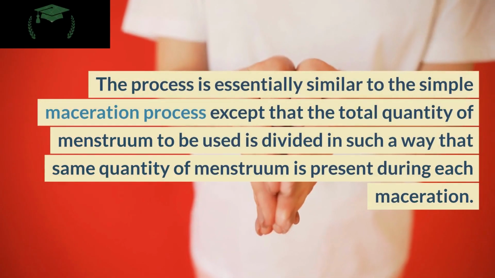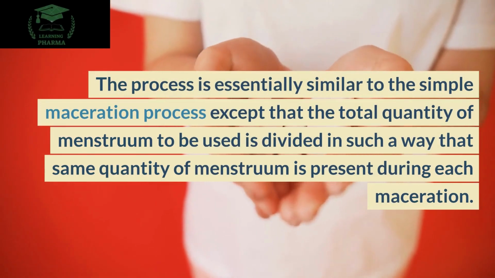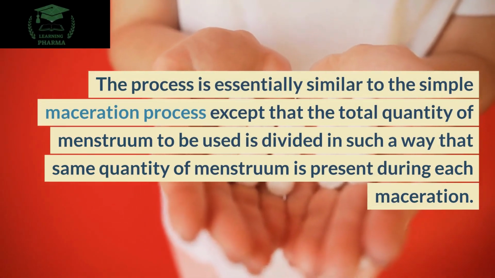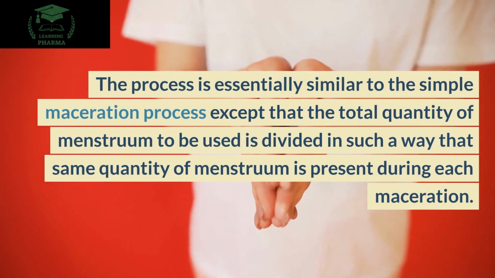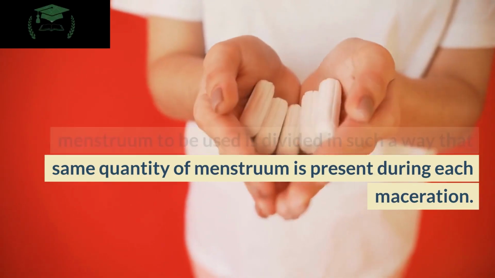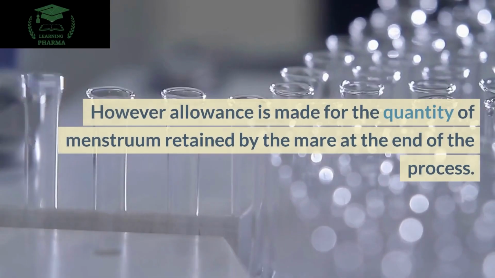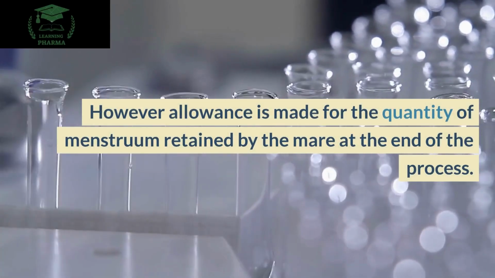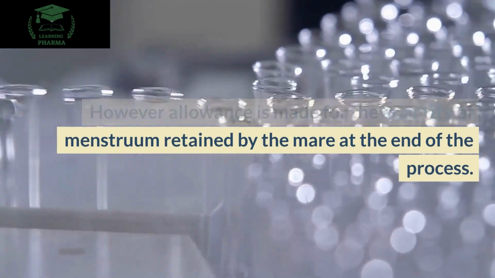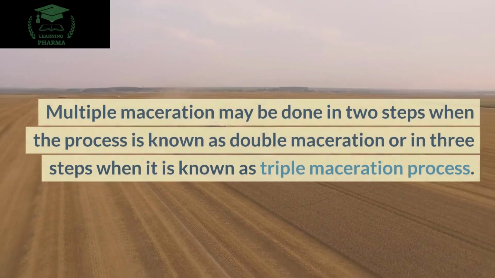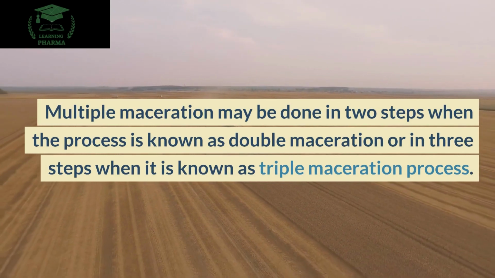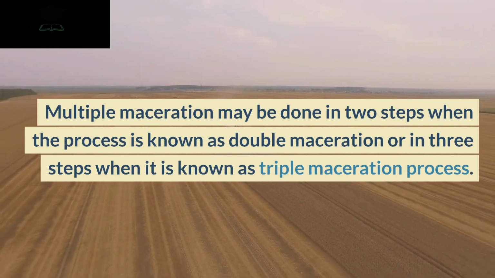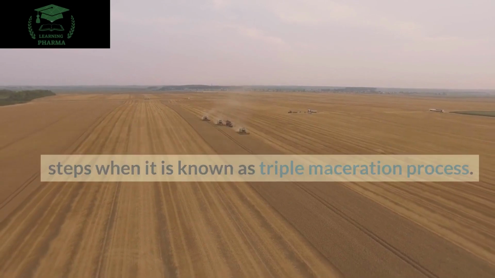The process is essentially similar to the simple maceration process except that the total quantity of menstruum to be used is divided in such a way that the same quantity of menstruum is present during each maceration. However, allowance is made for the quantity of menstruum retained by the marc at the end of the process. Multiple maceration may be done in 2 steps when the process is known as double maceration or in 3 steps when it is known as triple maceration process.